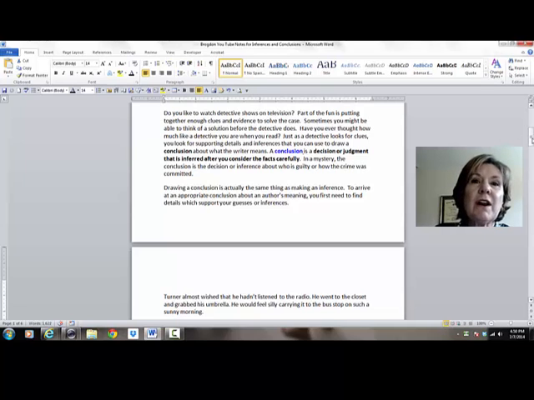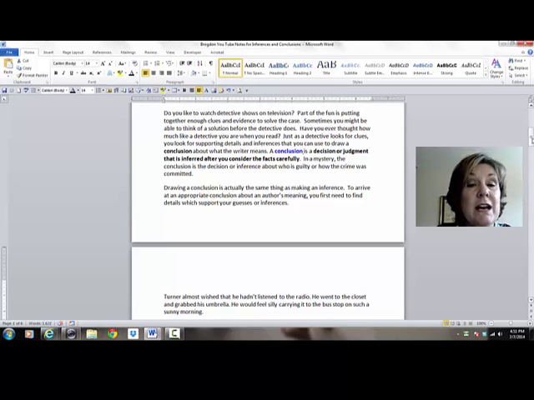Detective shows are a lot like this reading level. You have to base what you're thinking on the facts that they give you, and based on these facts you can draw a conclusion of what's happening. Now, conclusion and inference are very much alike.